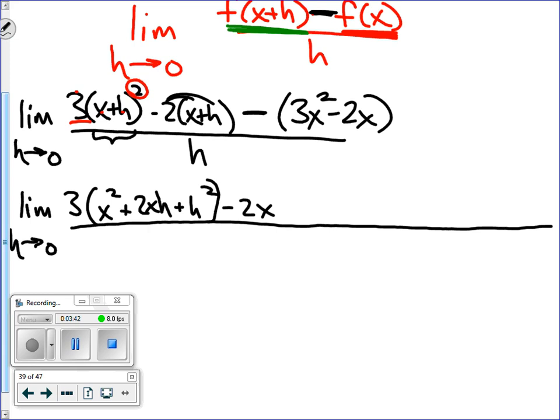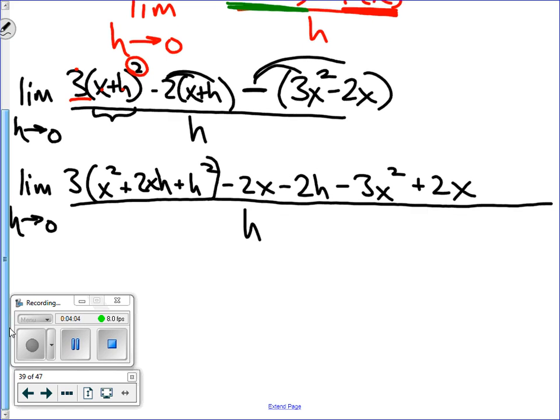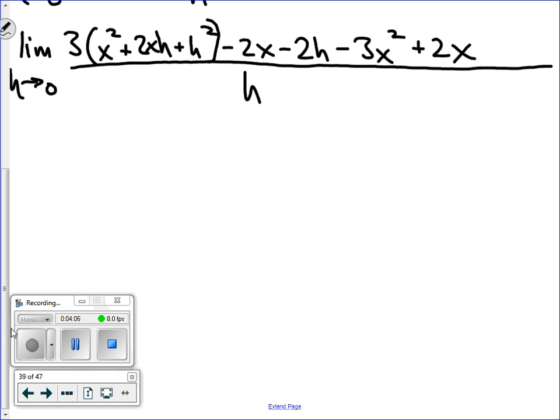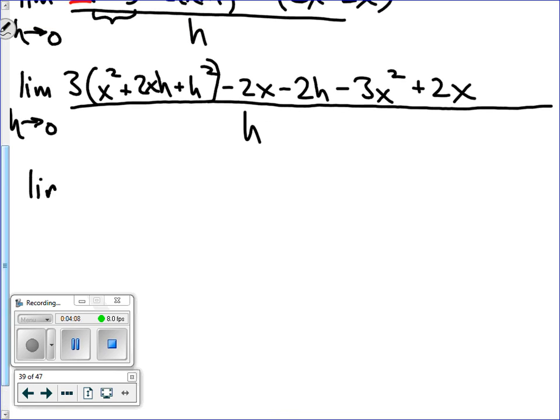I'm distributing the negative 2 into those parentheses, and I'm going to distribute this negative into these parentheses. So we have that statement. Take one operation within each one of those pieces. Okay? Then I can distribute the 3. So I have the limit as h approaches 0. Now I'm going to distribute the 3 in.